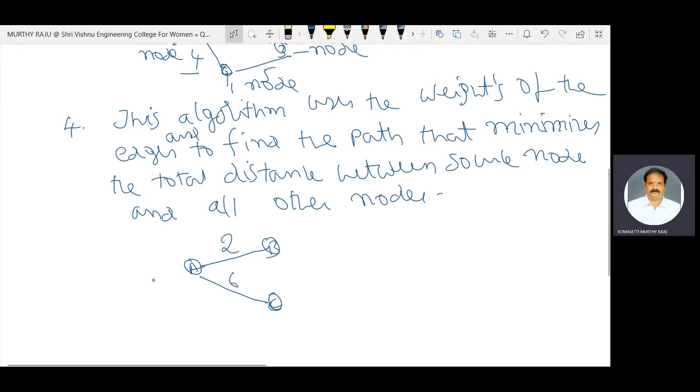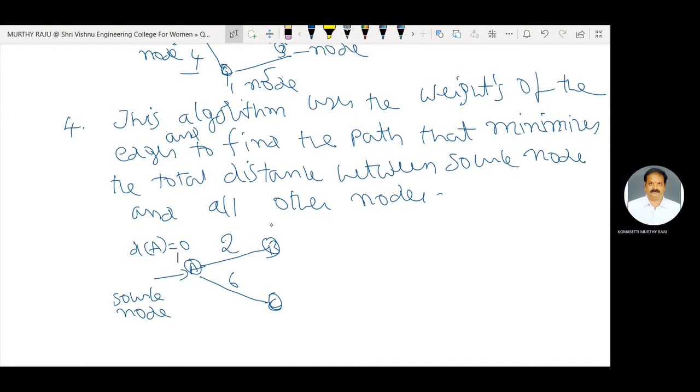Initially, assume A as the source node. The distance of the source node initially is 0. That means the distance between the source node A and itself is 0.